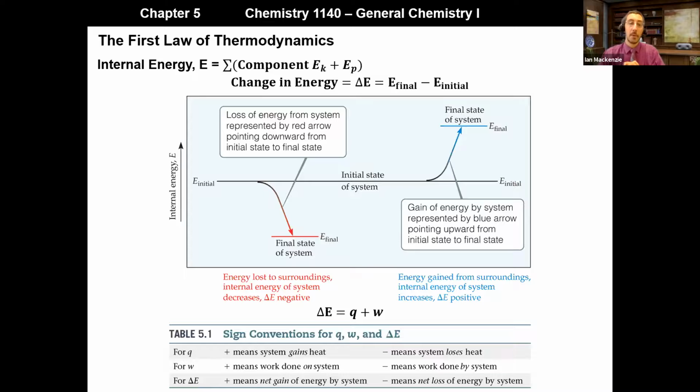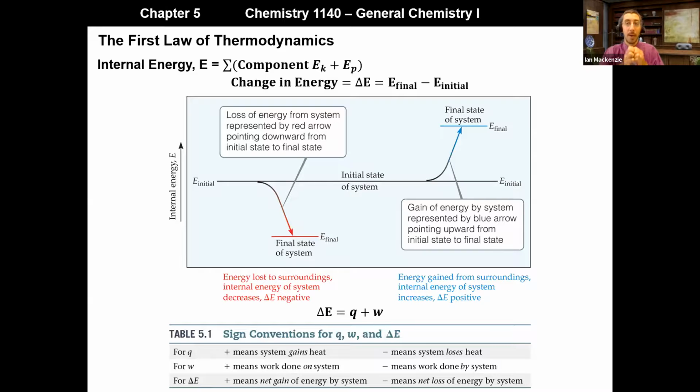Positive for W means that work is done on the system, whereas minus would mean that work is given off, that the system does work on the surroundings in some way. So if we think about a combustion reaction driving a piston, that would be a case of negative work.